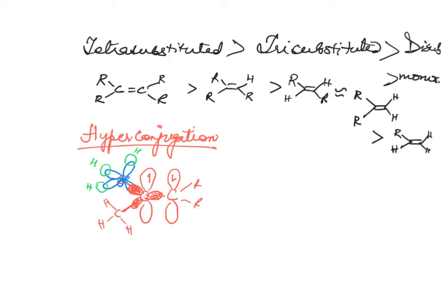So what happens is that your C-C pi bond, the overlap that's happening between these two, starts to extend to one of the sp3 hybridized CH bonds, whichever one of them. So it's going beyond what is typically allowed.